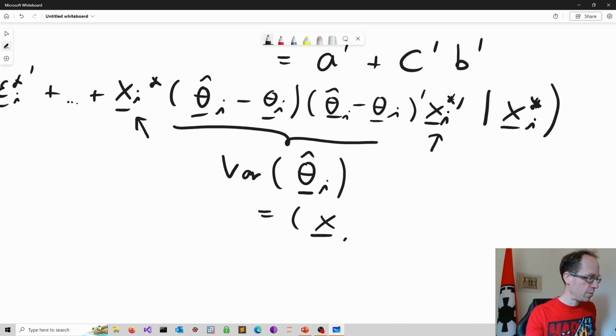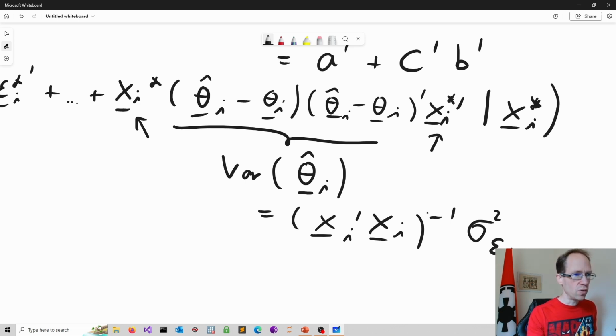So you have here the data matrix prime, data matrix, to the power of -1, and then the error variance, epsilon I. So that's the error variance here. This is simply OLS, and the constants are just multiplied into it.